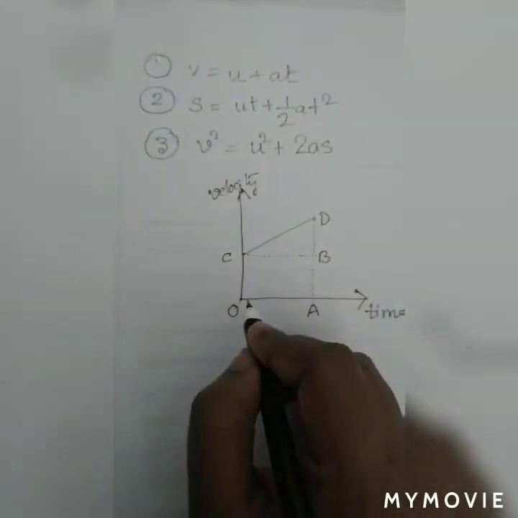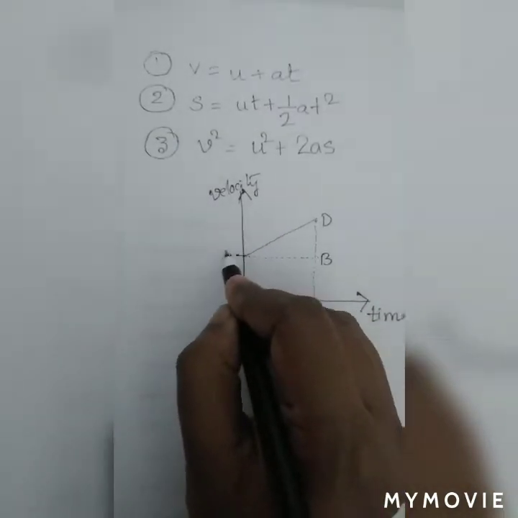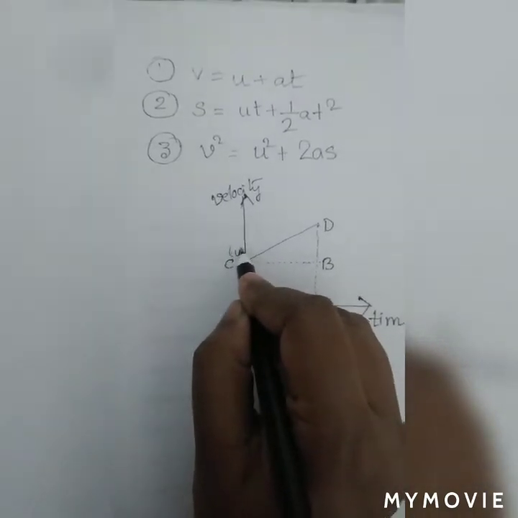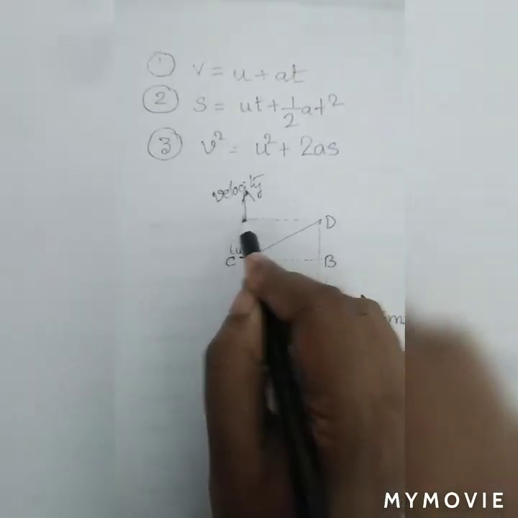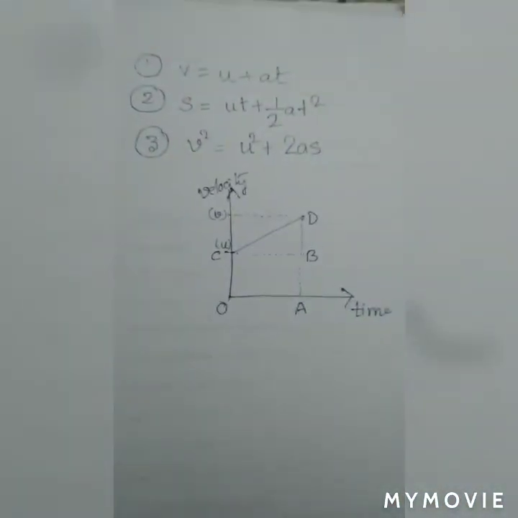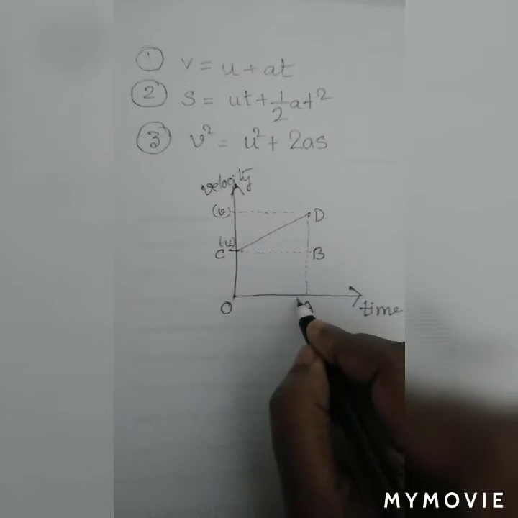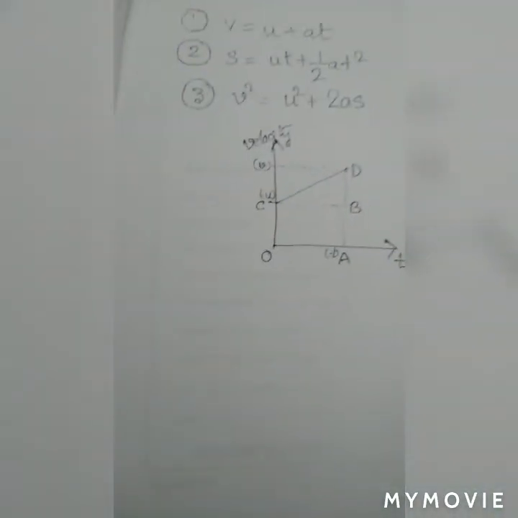Now this is 0. What is its velocity here? Here it is the initial velocity U, right? And what is the velocity over here? It has reached the final velocity V. And what is the time here? It is T. So from here what do we get?